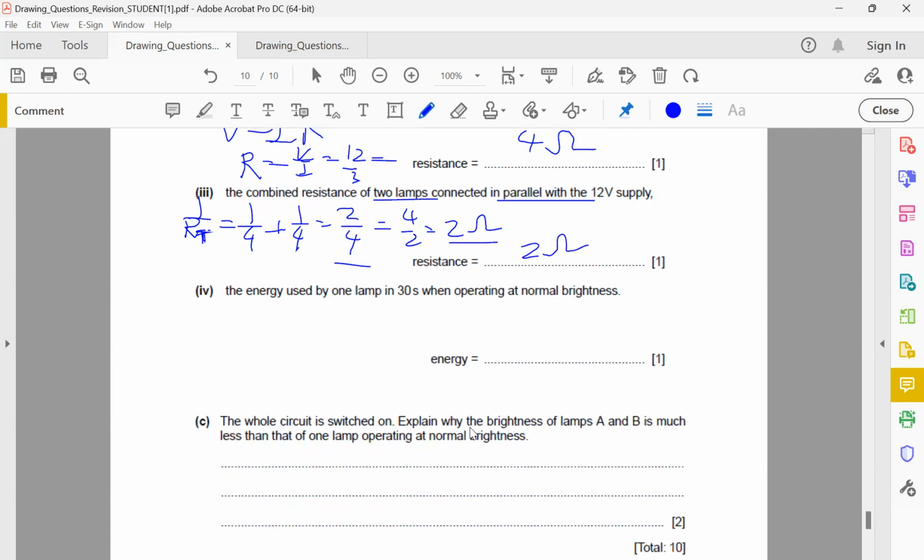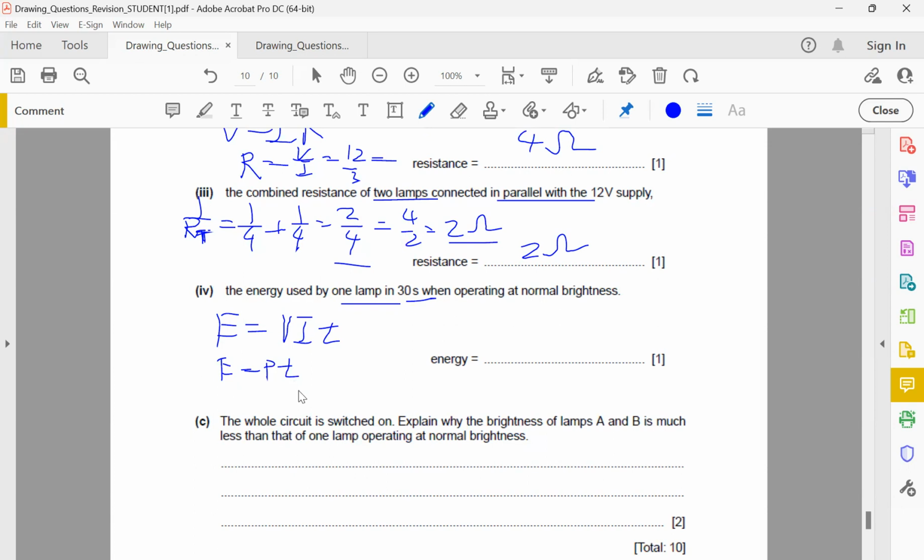And finally, no, not finally. The energy used by one lamp in 30 seconds, right? E would have been equal to, what's the formula? VIT, right? Or you could even use E equals power times time. Or you could use something different also.